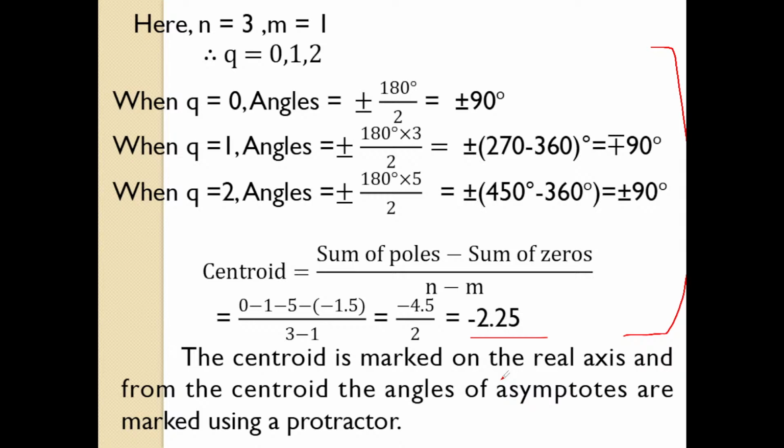Even if you don't write the H(s), it doesn't matter. H(s) will be there, but since it is a unity feedback system, H(s) is 1, so we just simplify it. You will get an expression, that is K into (s plus 1.5) by s into (s plus 1) into (s plus 5) plus K into (s plus 1.5). This is what you will get in the denominator.